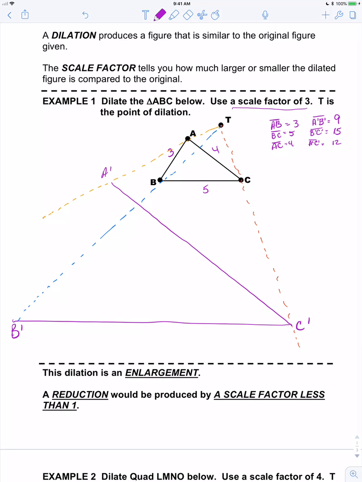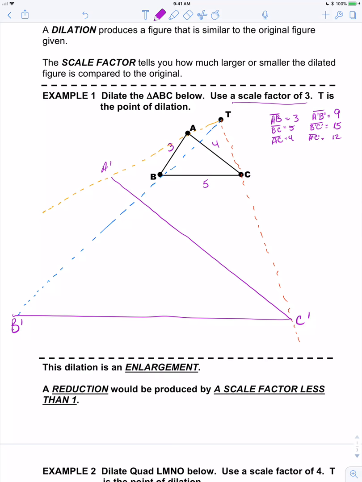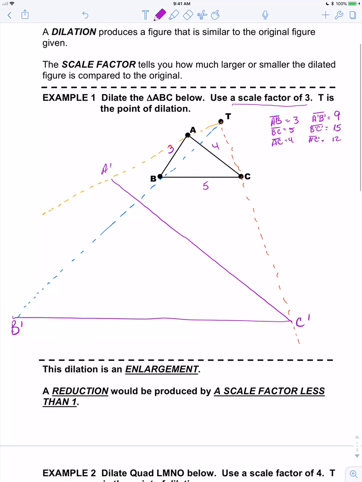Then if we take the last line, that should make those two points equal. That should be about 9, which looks like it is. So I did pretty good on this one, but you can't see that. So that's your new one, and we just made a dilation.